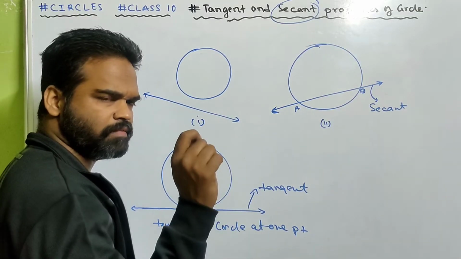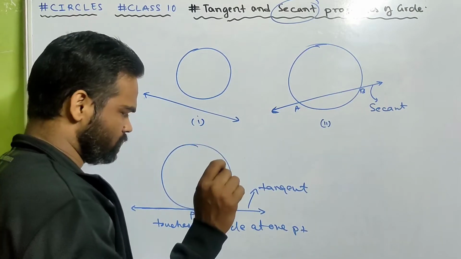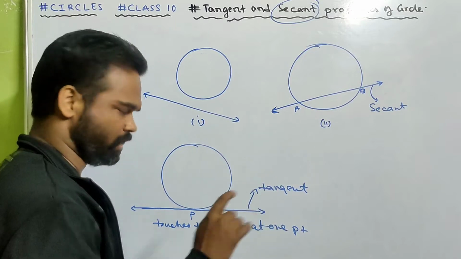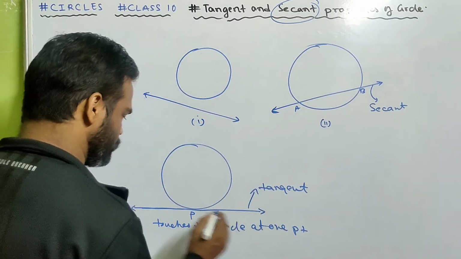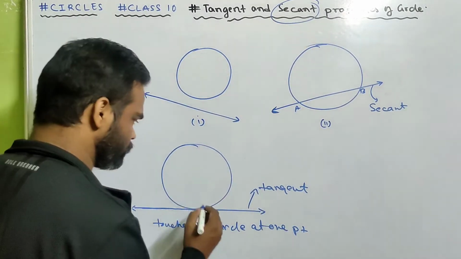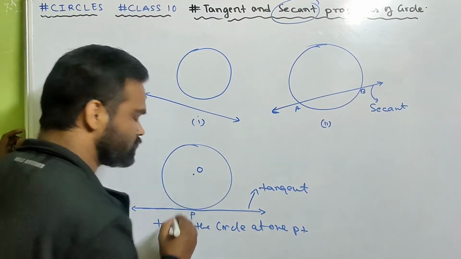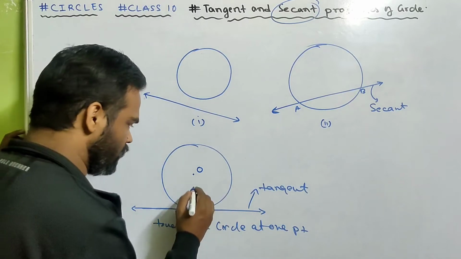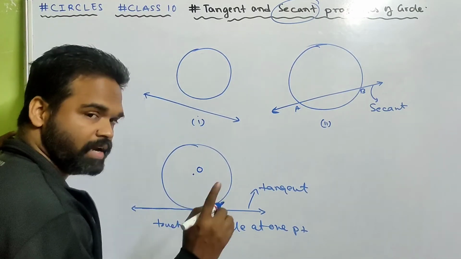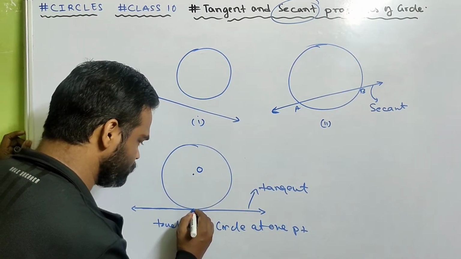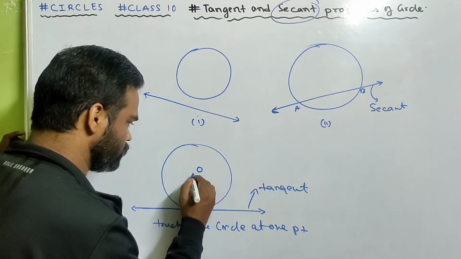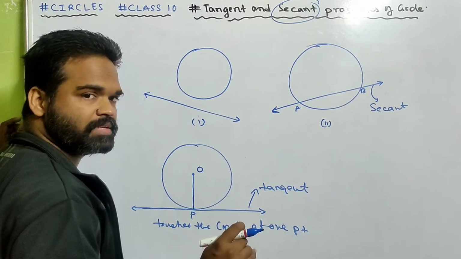Now look over here. The first very important theorem which we should remember in case of a tangent. Suppose this is the center of the circle and you draw a radius from the point P. So this OP is the radius.